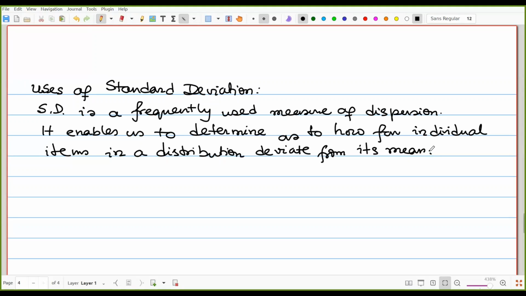That means whatever the mean has been given or we have found from the distribution, standard deviation gives us the deviation for that particular distribution.